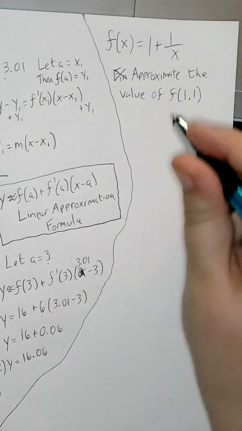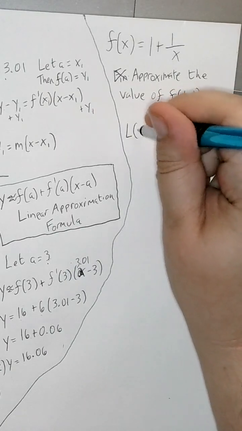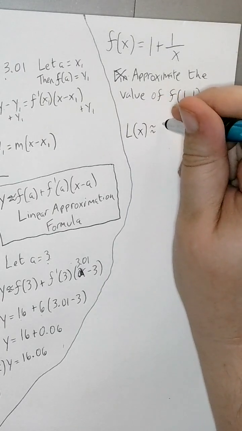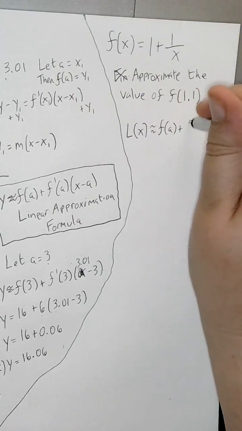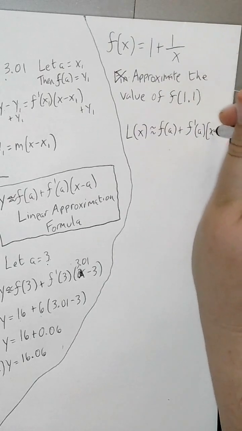So again, here's my formula for the linear approximation. L of x is approximately equal to f of a plus f prime of a times x minus a.